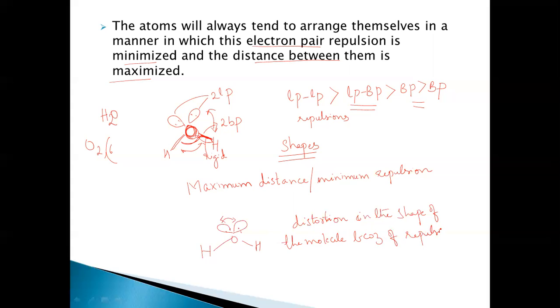This is the main thing. If you understand this, the rest of the part is very easy. Because of these repulsions between the electrons present in the valence shell of these atoms, there is a distortion in the shape of the molecule.